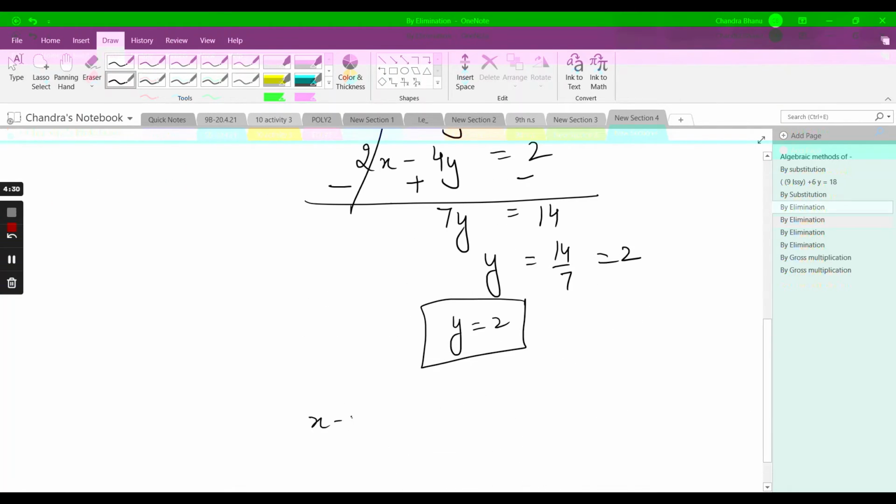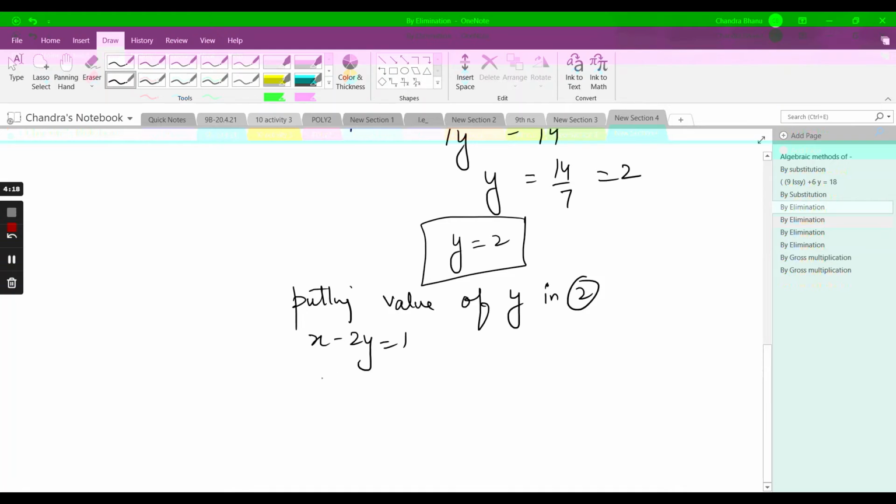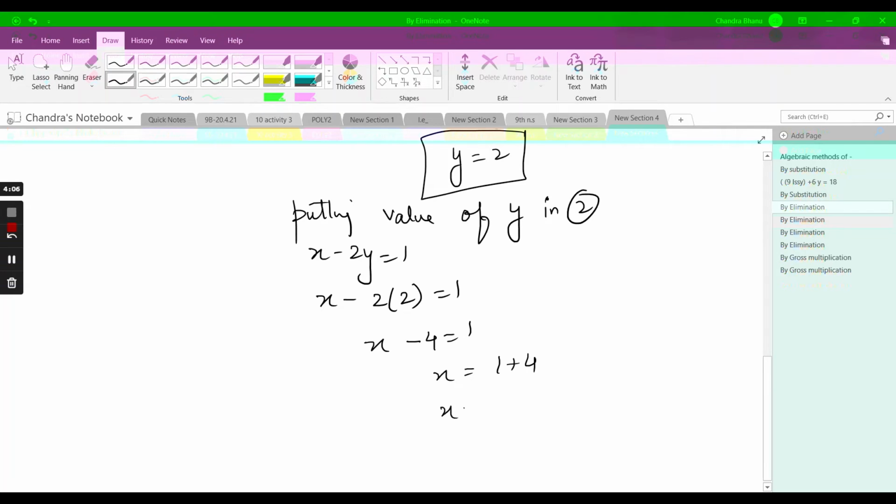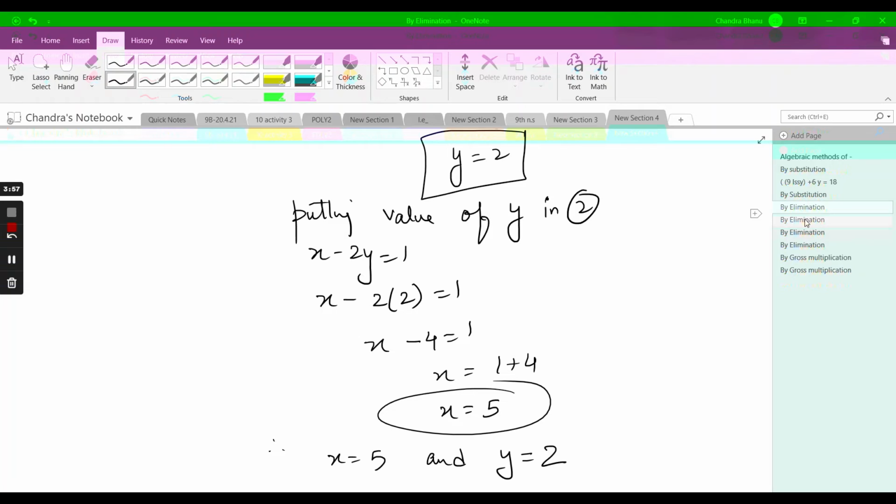Putting the value of y in my second equation, what am I getting? x minus 2 into 2 is equal to 1. x minus 4 is equal to 1. x is equal to 1 plus 4. My x is 5. So what is my solution? My solution is, therefore, x is equal to 5 and y is equal to 2. This was through the elimination method.